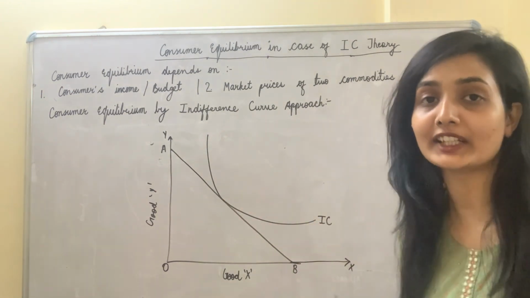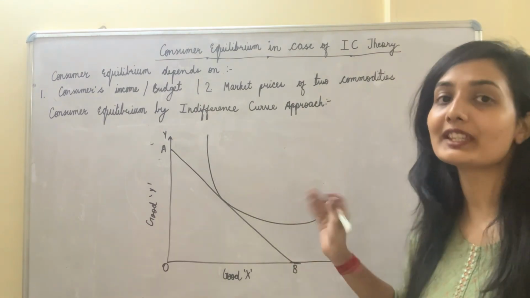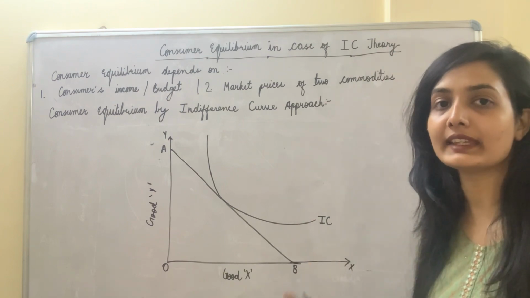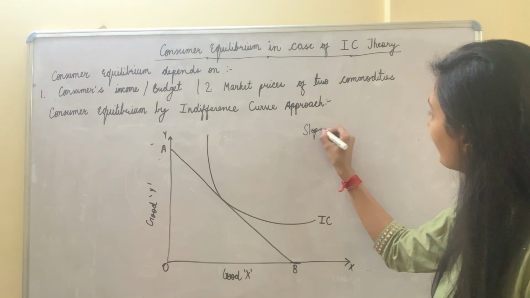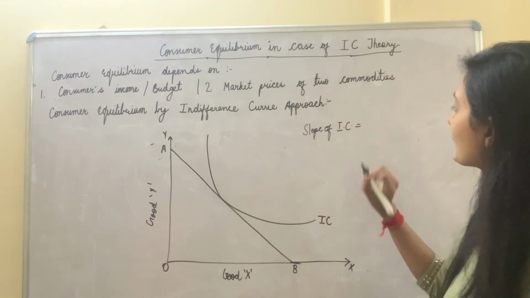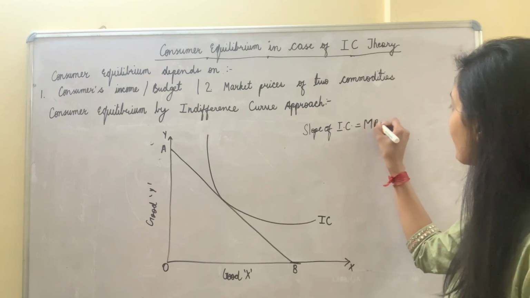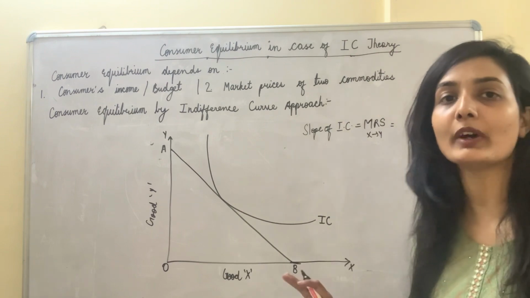Now what is the condition for consumer equilibrium? That depends on the slope. Actually, slope decides the equilibrium. Slope of indifference curve is equal to marginal rate of substitution. What is the slope of indifference curve?